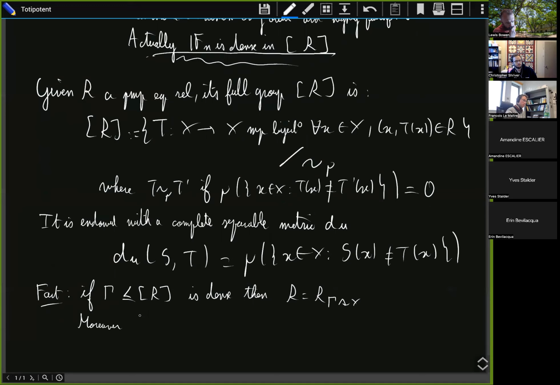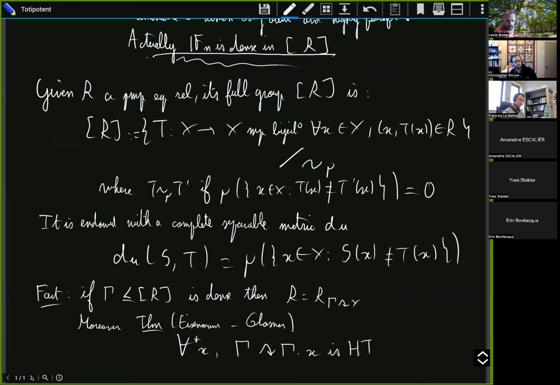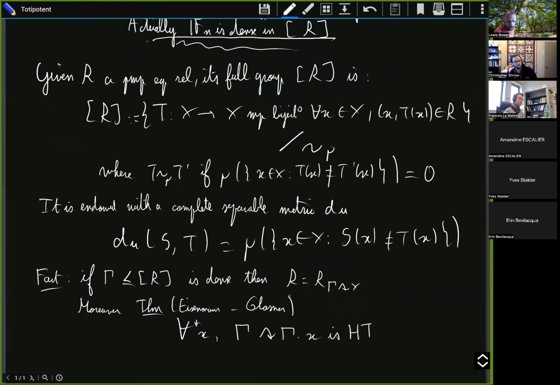You have the following theorem, which for me was really kind of a revelation. By Eisenmann-Glasner, they noticed that for almost every x, Gamma acting on the Gamma orbit of x is highly transitive. All right, so this is nice.